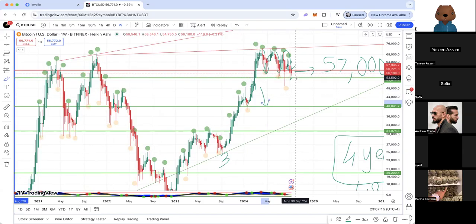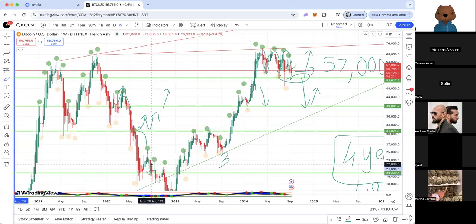And if 53 fails to bounce, if 53 fails to hold and act as a support, then it's going to go back down to 40K. And if 40K fails to hold and bounce like it failed here, then we're going to go back down to this level, 32K. And if 32K fails to bounce and hold, right? If it fails to bounce and go back up, then price goes back down to 20K.